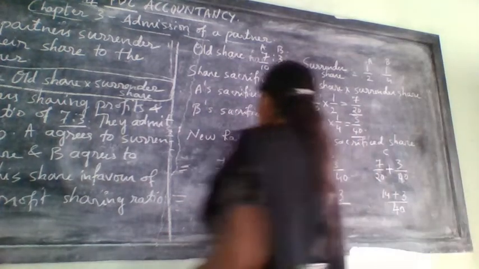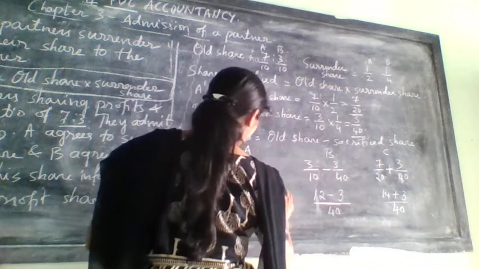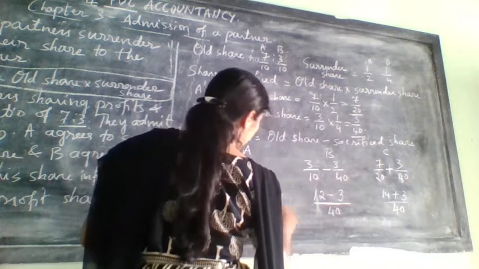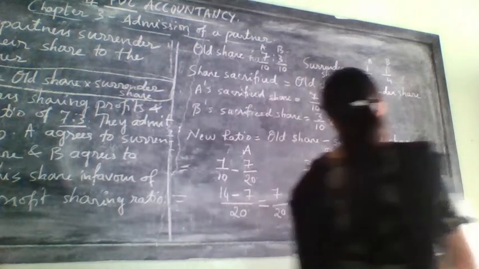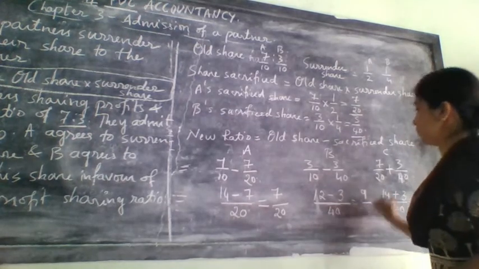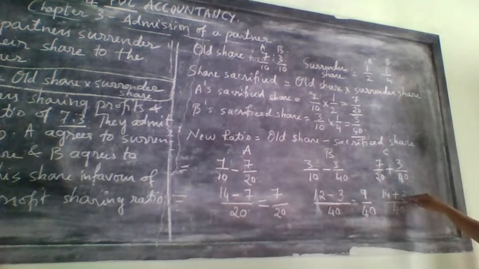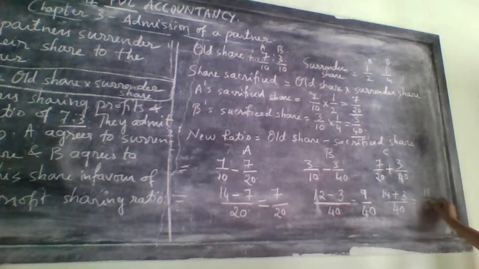Now write the answer in front of that. 14 minus 7 will come 7 only. Here it is 20. Next, 12 minus 3 will come 9, right? Here it is 40. 14 minus 3, how much will it come? It will come 11 by 40.